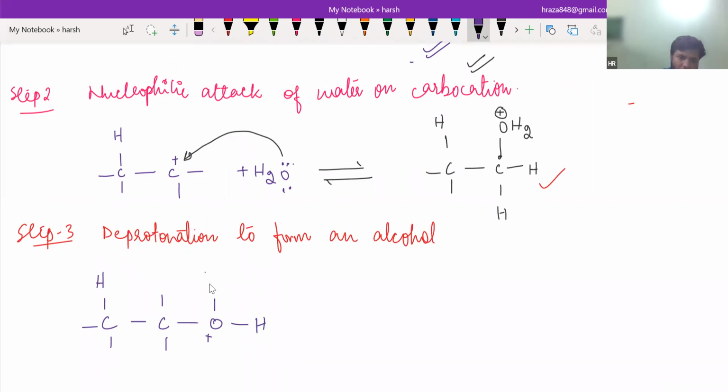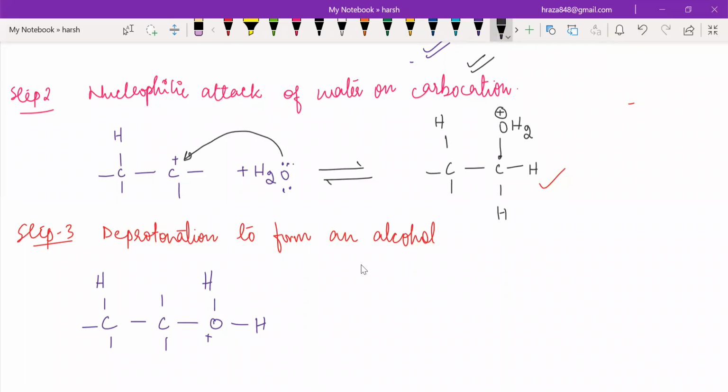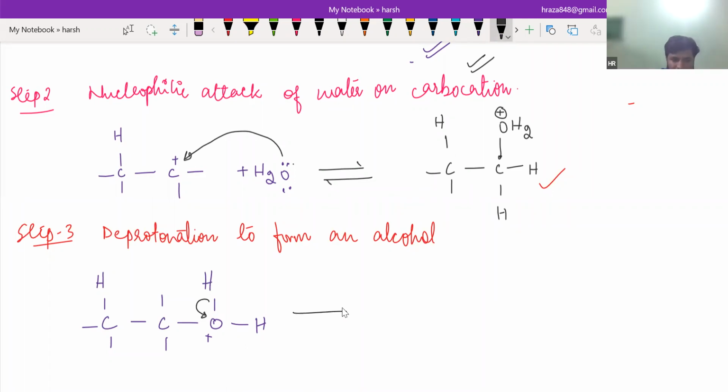You can see oxygen is less electronegative when there is positive charge. Yes or no? So it will gain electron. It will withdraw electron from one of its hydrogens. It will attract or withdraw electron from hydrogen, and what will form here, you can see.